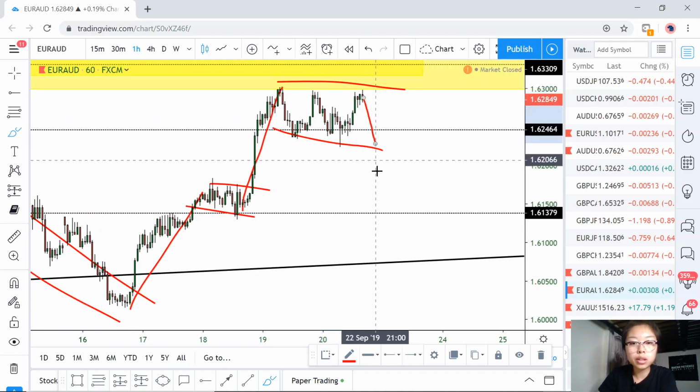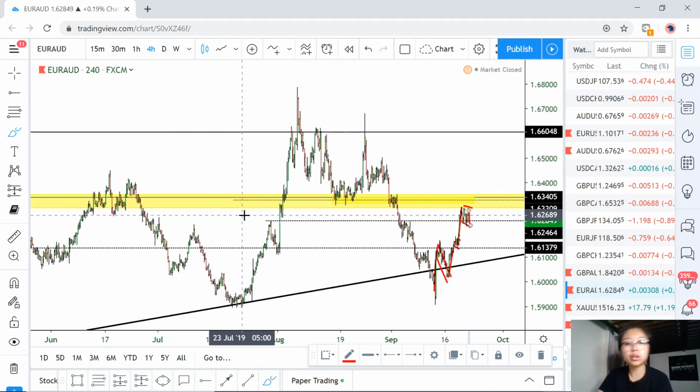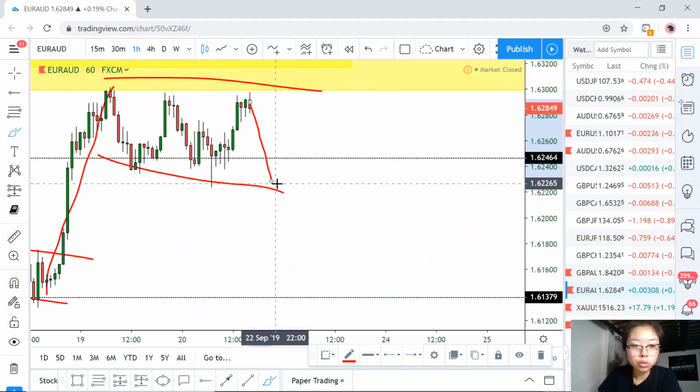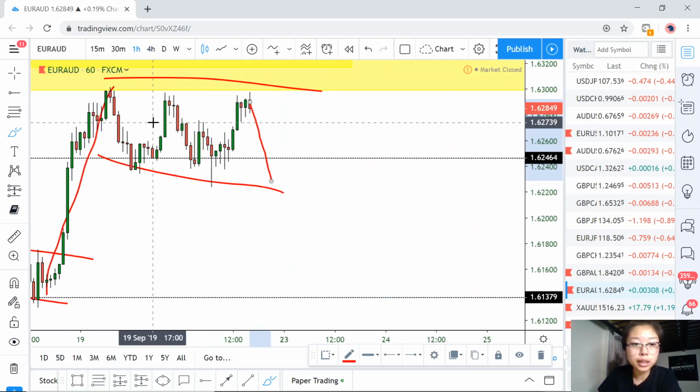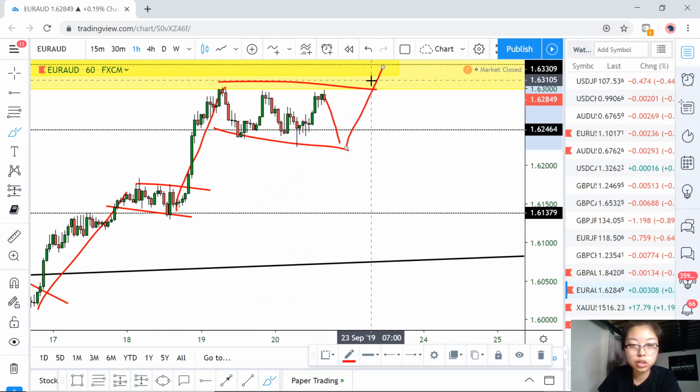Long opportunities is a pullback into the support, which is also, like I said just earlier, a previous level of market structure.